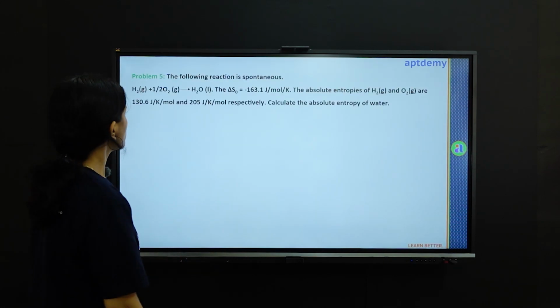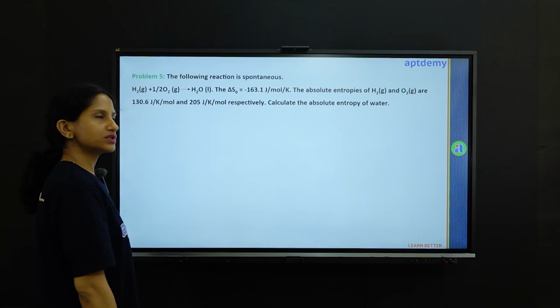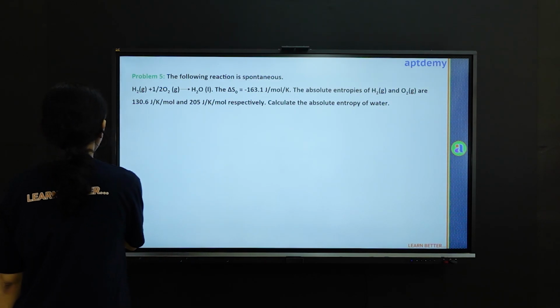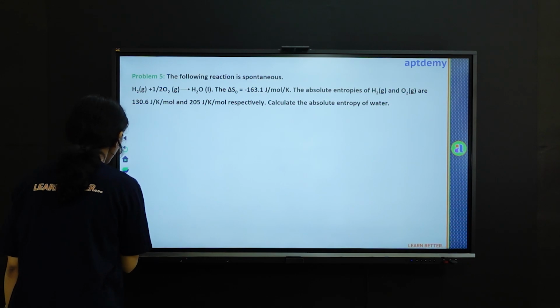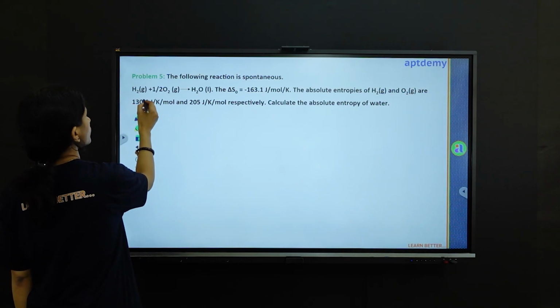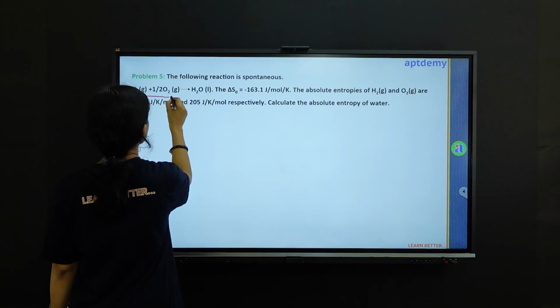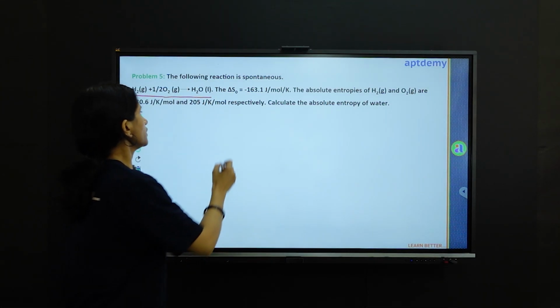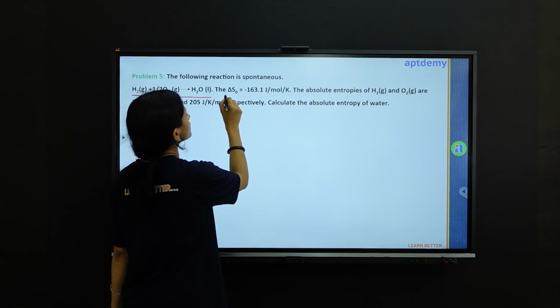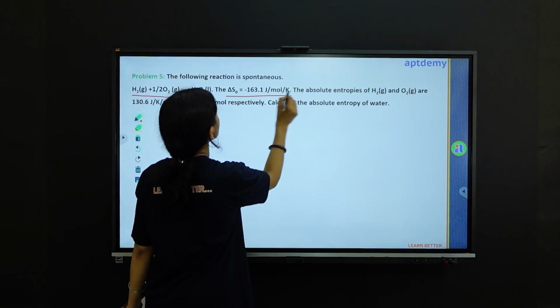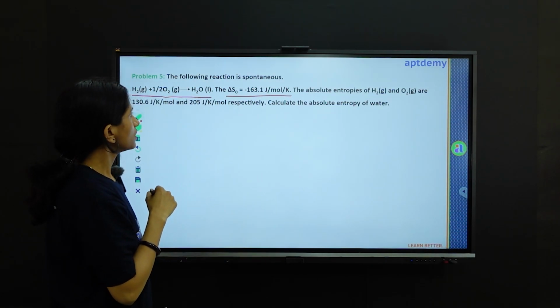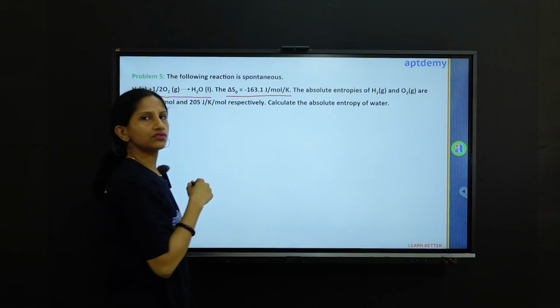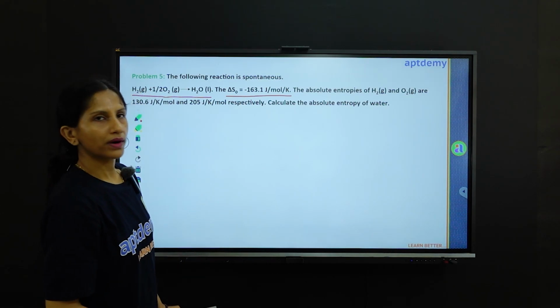Problem 5 is asking whether the following reaction is spontaneous. A reaction has been given in this problem: H₂ plus half O₂ giving you H₂O. And what are the parameters given? ΔS° is given as minus 163.1 joule per mole per Kelvin.